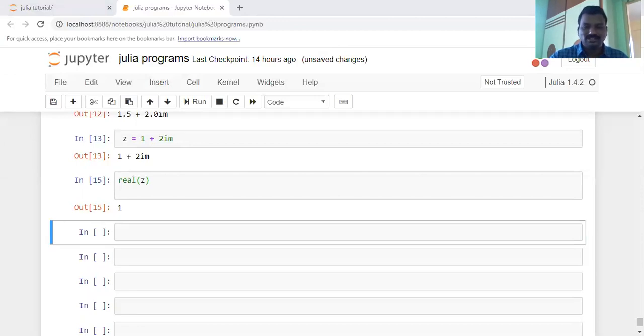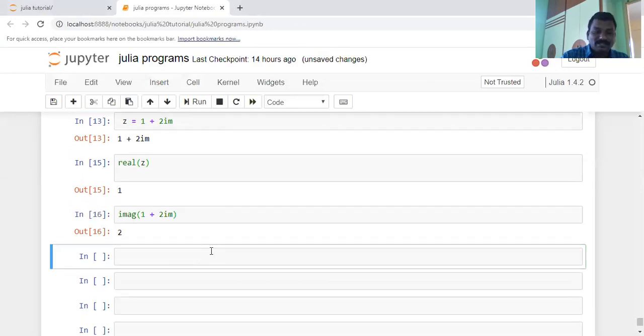How can you get the imaginary value here? With imag. Imag gives the imaginary value. That means it will display the result, the imaginary part of 1 plus 2 im, which is 2.